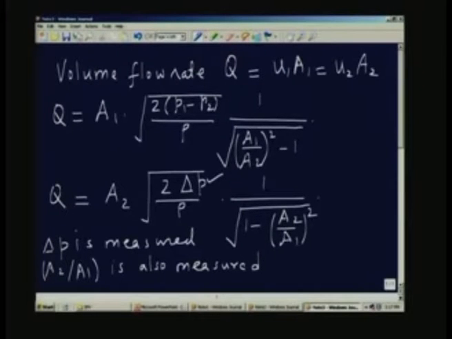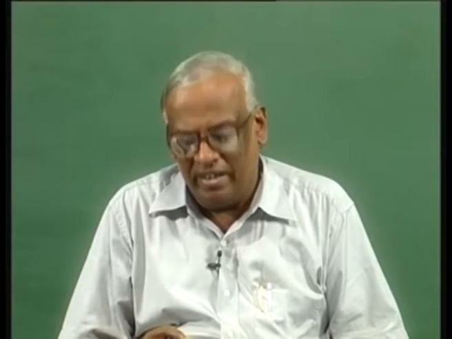So, I know what the area is at A1 at section number 1, and I know what the area is at section number 2. The assumption is that A2 is less than A1. Section 1 is the larger area and A2 is the smaller area.